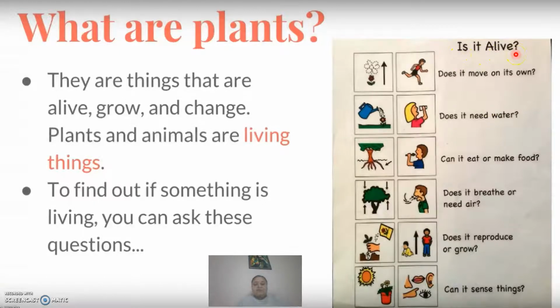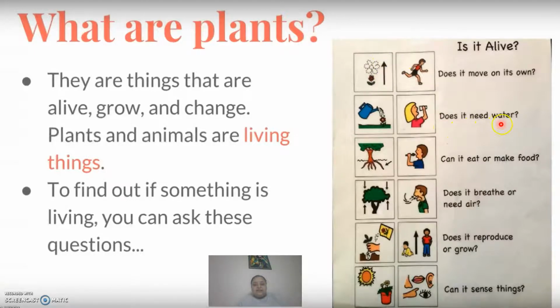Now, let's see whether plants are alive or not. Does it move on its own? See, we know humans move, but does the plant move on its own? As you can see here, yes, when the plant is a small plant, after some time it grows and becomes a big plant. So that means, yes, it moves on its own.